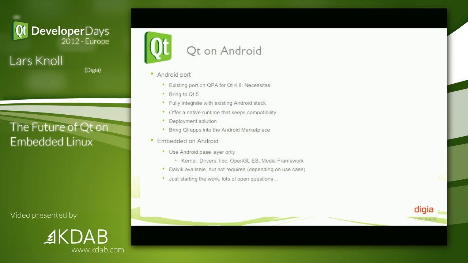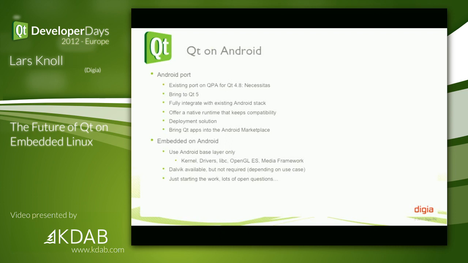So you might have Dalvik available, but we wouldn't require it. It depends on the use case a little bit, because quite a few things in Android are actually implemented there. For example, audio policy management is done in Java. So if you need something that automatically switches between your Bluetooth headset, your plugged-in headset, and the built-in speakers, then that is there if you use it.